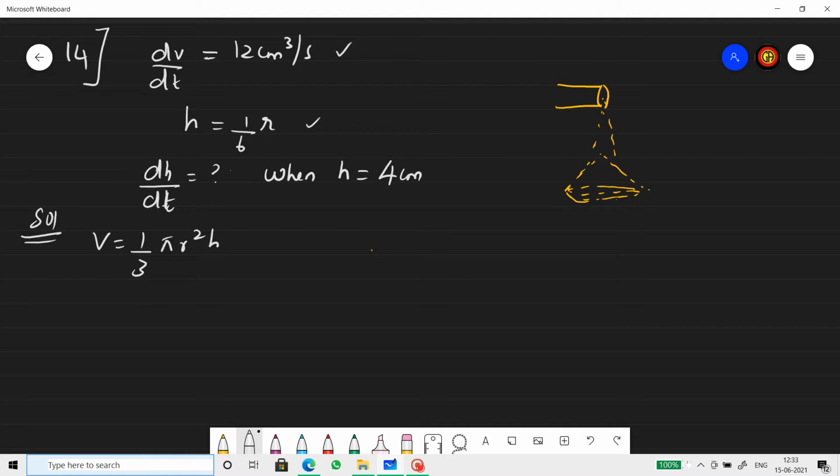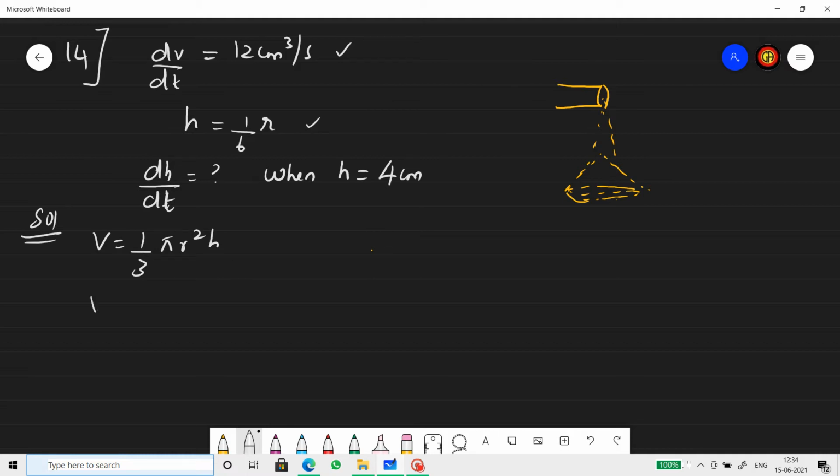R is definitely not a constant here, because r changes with respect to time. But the relationship between h and r is given in the question. So it's better that we change the entire expression in terms of h and differentiate with respect to t.